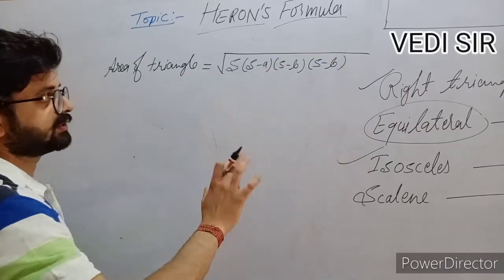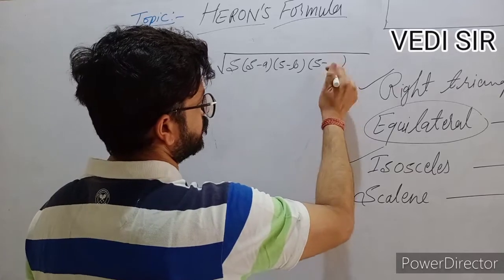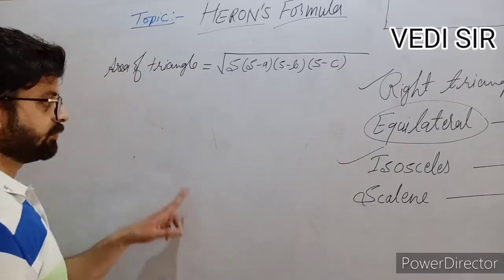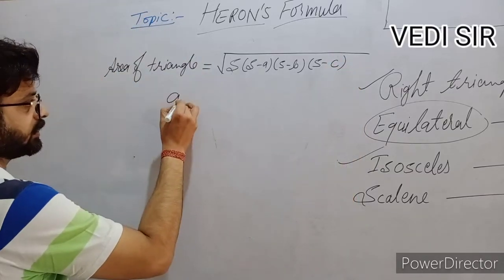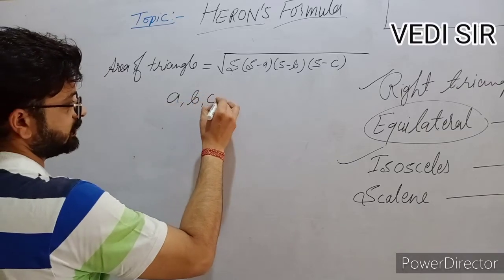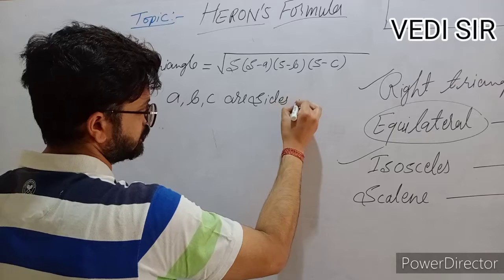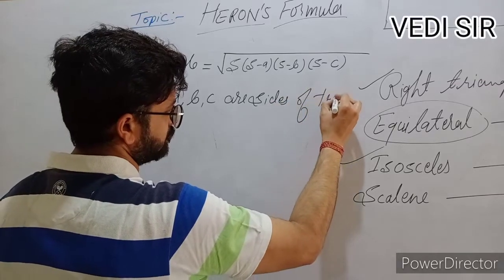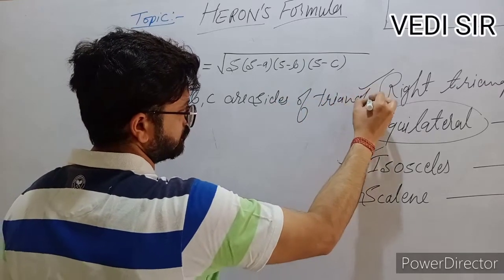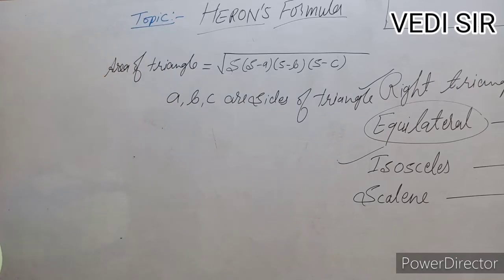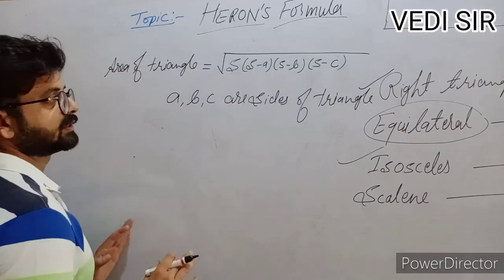Now I will tell you what A, B and C are and what S is. First, A, B, C are the sides of the triangle.